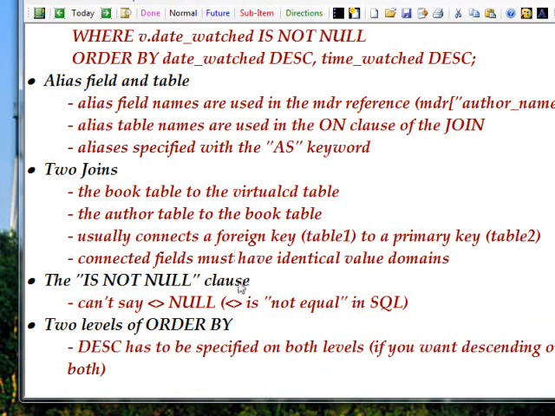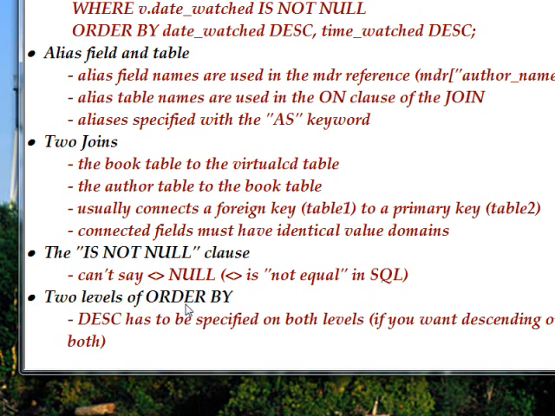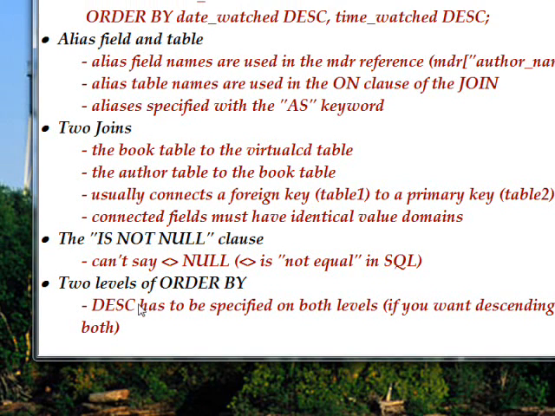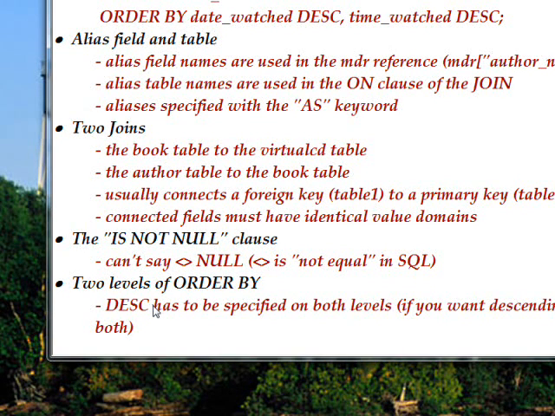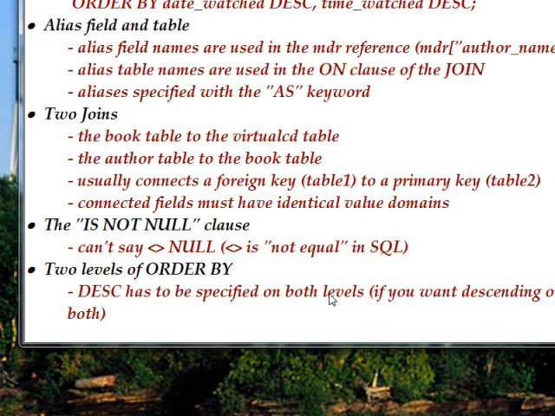So basically this table only lists out things that have been watched. And it further wants to list these with the latest one first. So we use the DESC, or descending, to specify both on the date and time level that it's going from the highest to the lowest. So the most recent will be listed first.